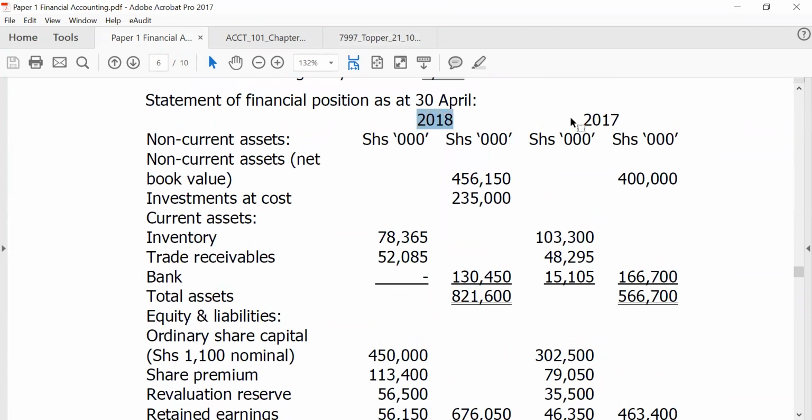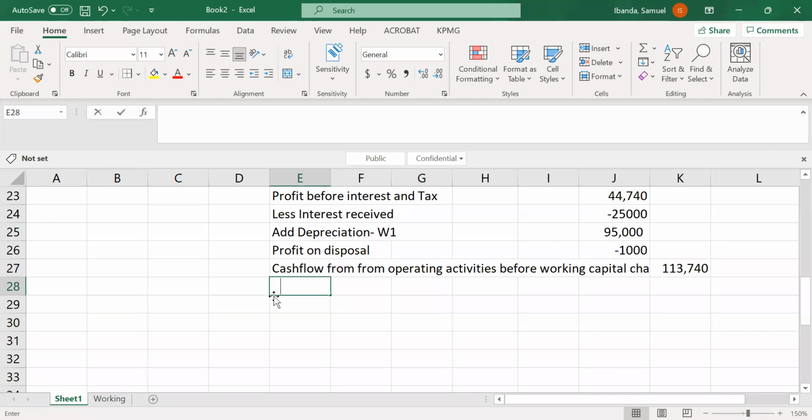This is 2018, this is 2017, so this is the latest value, and this was the value at the start of the year, or last year's value. What this means is that your inventory reduced. So you come and write: decrease in inventory.